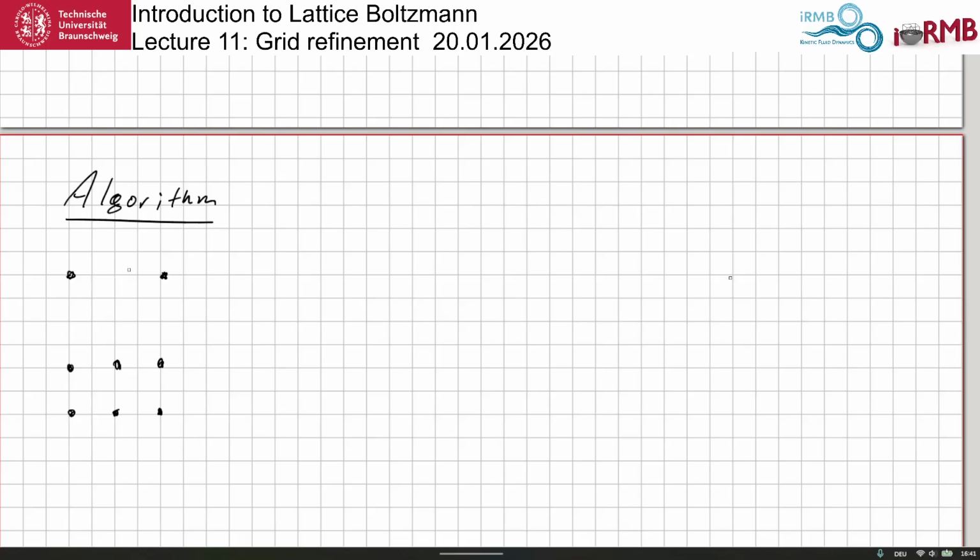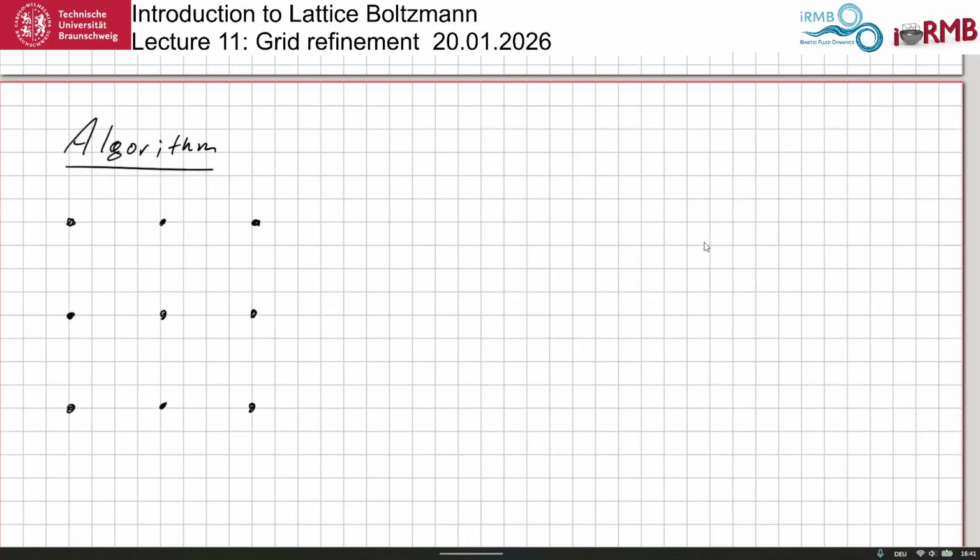Sorry, this was not useful. I need to make this larger. So say this is my coarse grid. I probably need even more space than that.